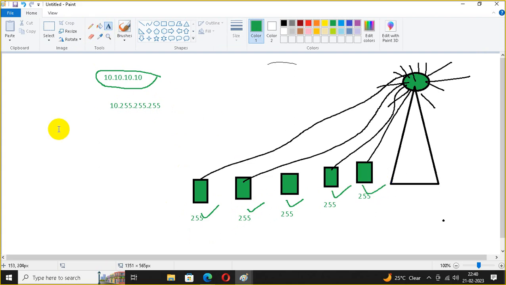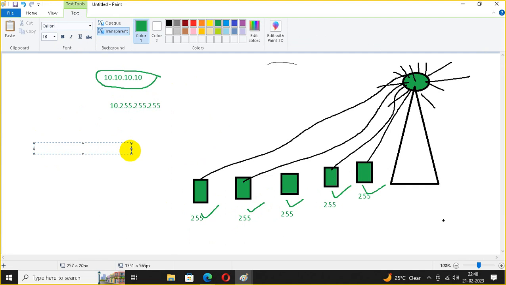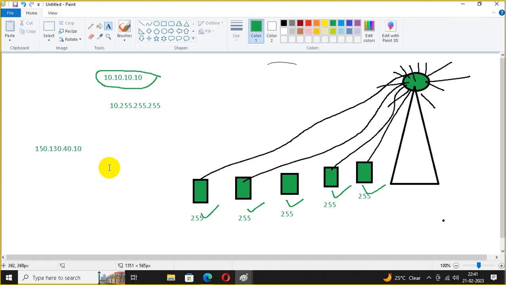So let's say the IP address is 150.130.40.10. What will be the broadcast address of it? First of all, tell me which class this IP address belongs to.